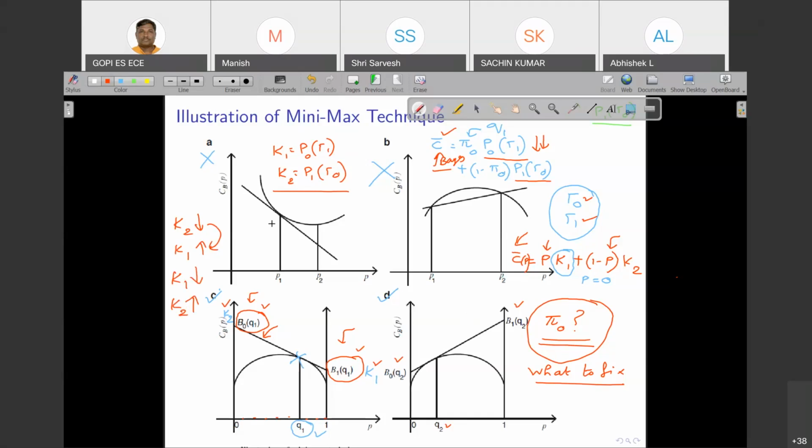If I try to decrease this K2, K1 will increase. If I try to decrease this K1, K2 will increase. That is the consequence. So what could be the better choice for which this K1 and K2 are identical?